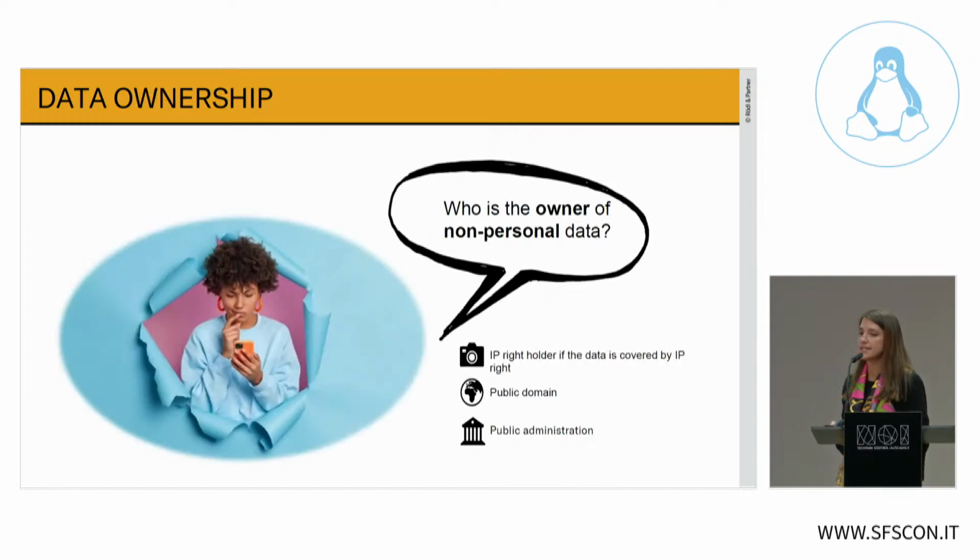In these cases, it is quite easy to identify the owner of the data. If the data is personal data, the owner will be the person to whom the data refers. If the data is covered by intellectual property rights, the data belongs to the right holders. If the data is public data, it belongs to the public administration.